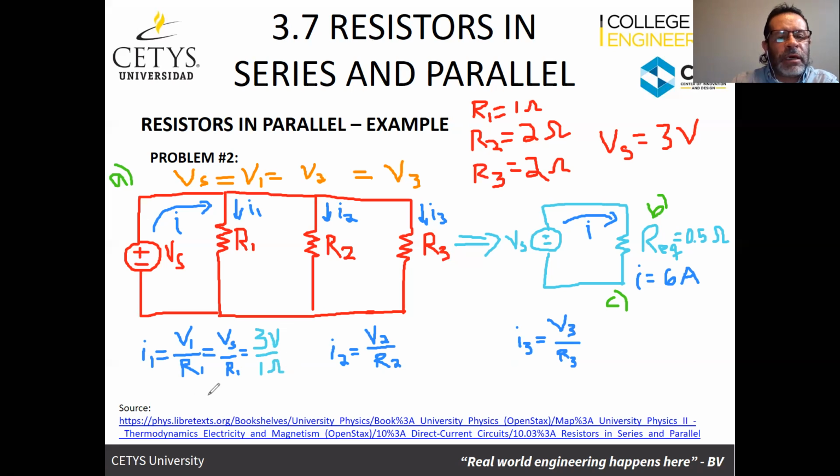And so that would mean that the current for resistor 1 is going to be equal to 3 amps. Okay.